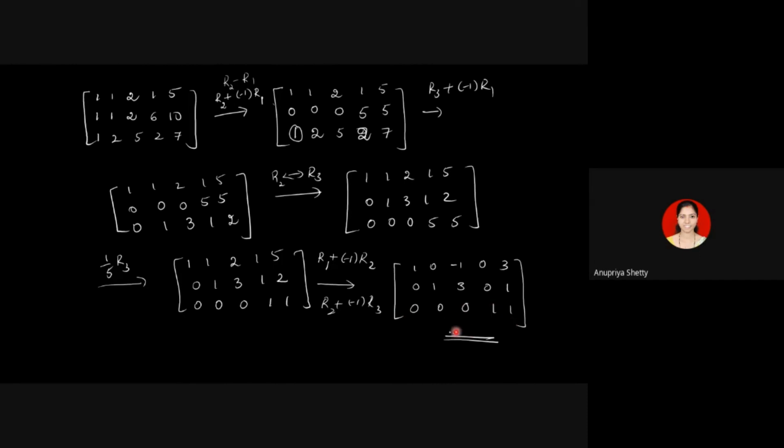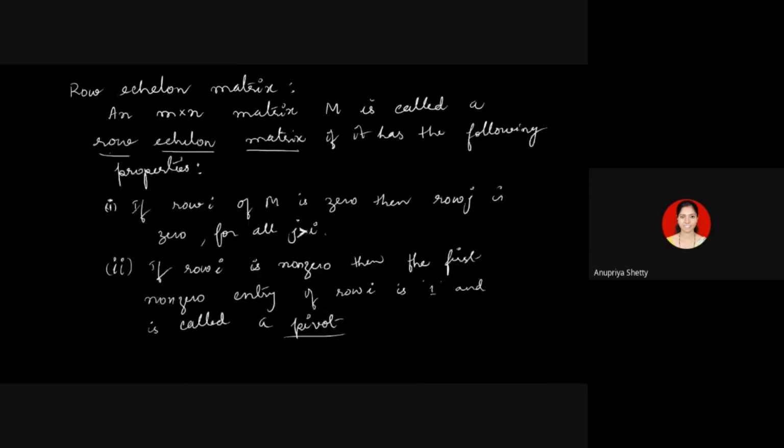If there is a 0 row, then all the rows below that should also be zeros. So that's the second condition. Third condition is the pivot of row I plus 1.